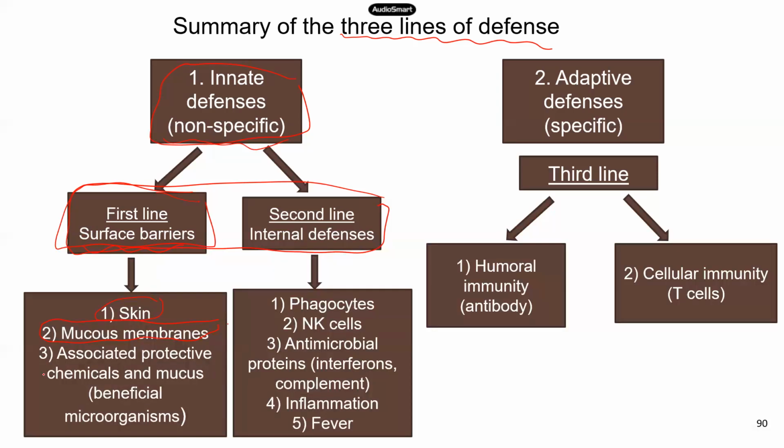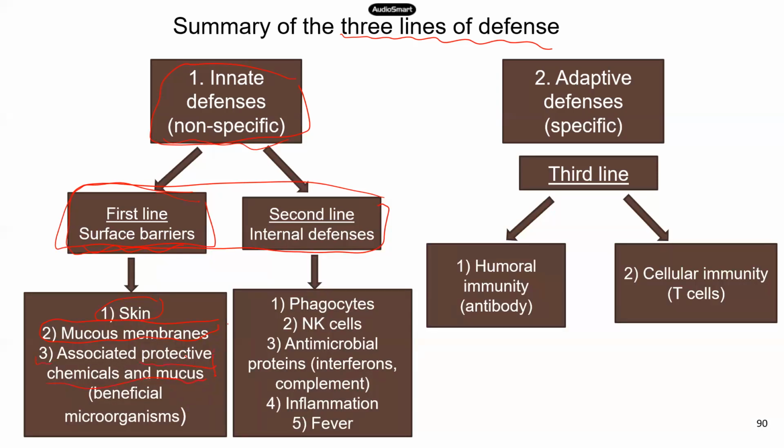And then the third component in the first line is the protective chemicals and mucus. So these are associated with the skin and the mucous membranes. So think about the sweat secreted by the skin, right? Sweat, salty, right? Tastes salty. It has salts, which can often inhibit the growth of microorganisms. And same thing for acid.